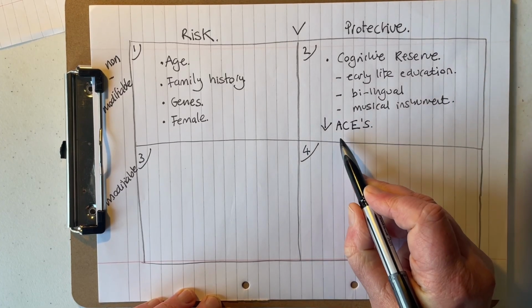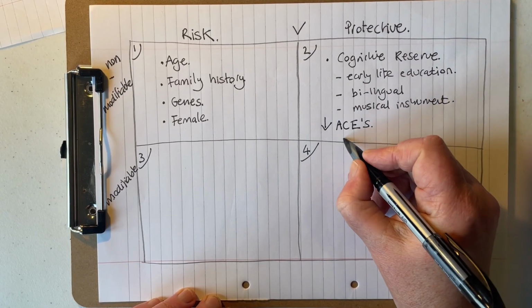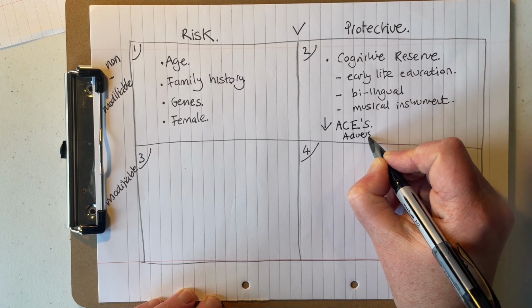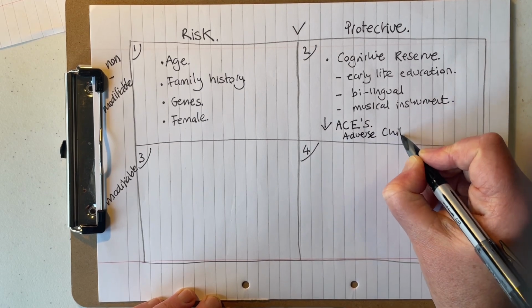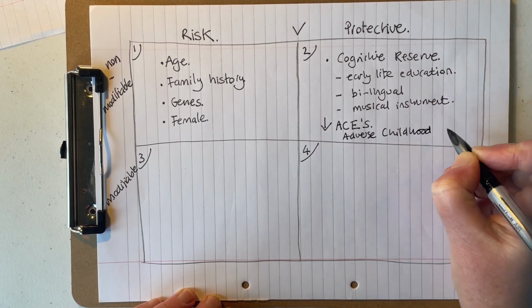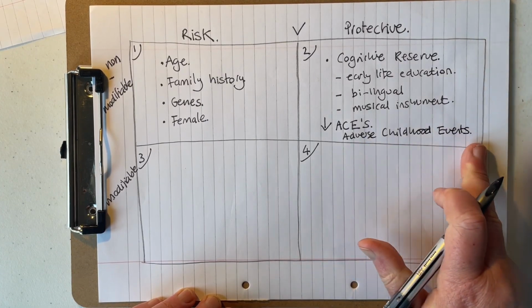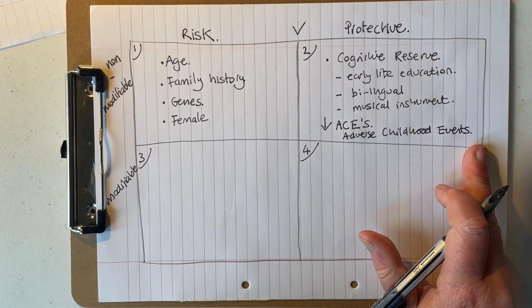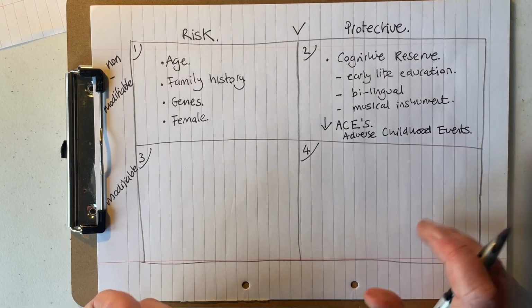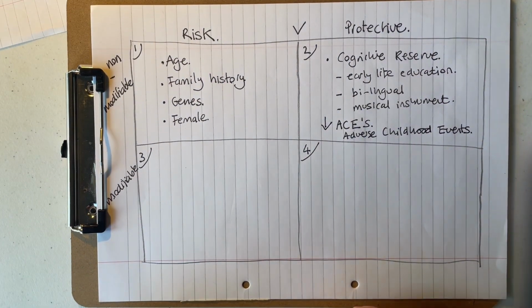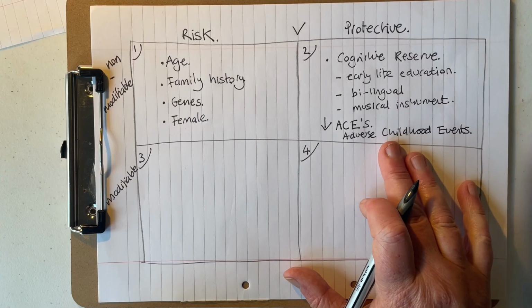So it's adverse childhood events. And trauma is connected to probably every type of disease, at least a lot of diseases, let's put it that way. An awful lot. It increases your risk of disease.